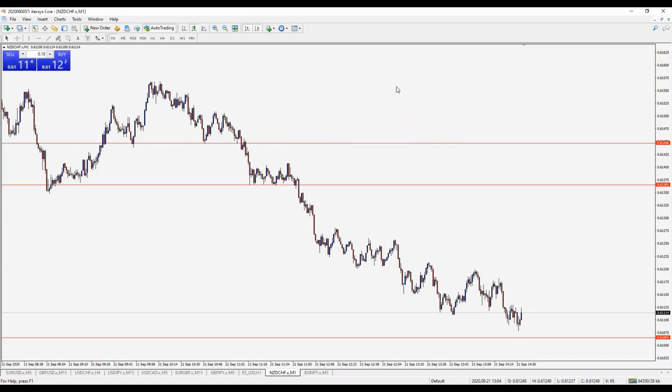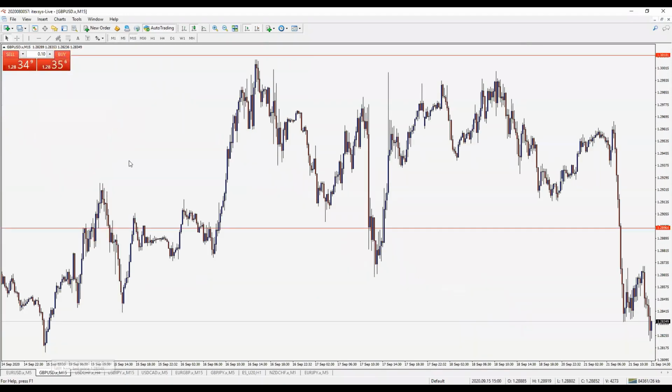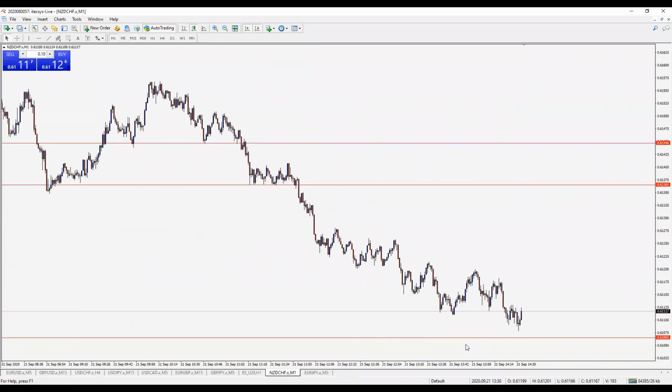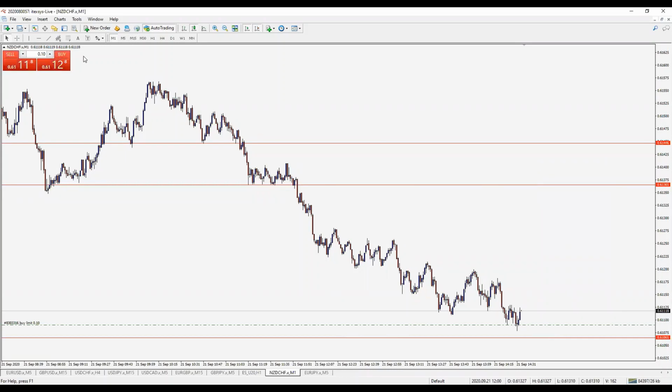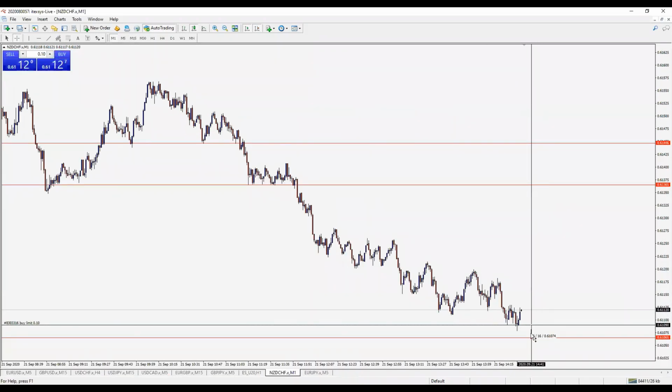And let's take a look at the GBP against the US dollar. We will go back to New Zealand Swiss in a minute. And that's the GBP USD. Maybe I'll put here a buy limit order, which is, yeah, that's okay.